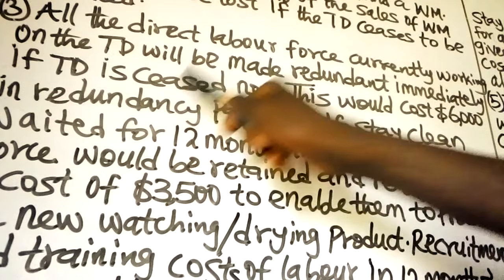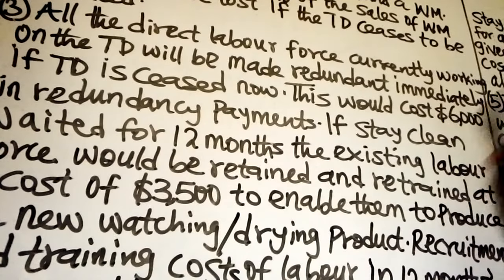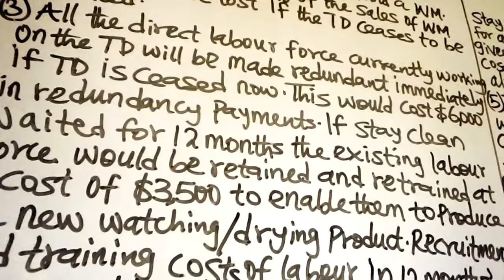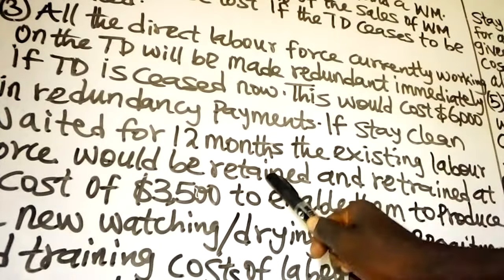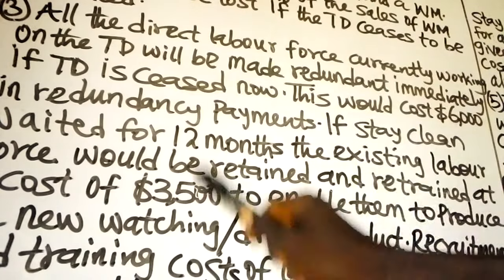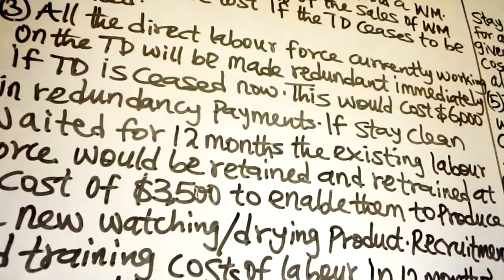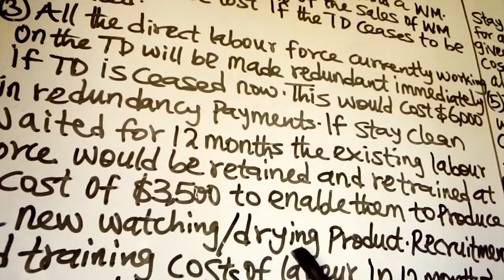If TD is ceased now, this would cost $6,000 in redundancy payments. If Stay Clean waited for 12 months, the existing labor force would be retained and retrained at a cost of $3,500 to enable them to produce the new washing/drying product.